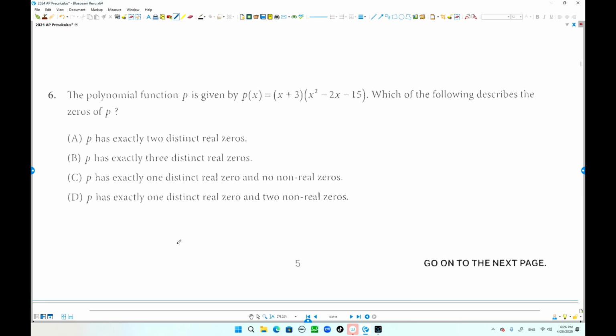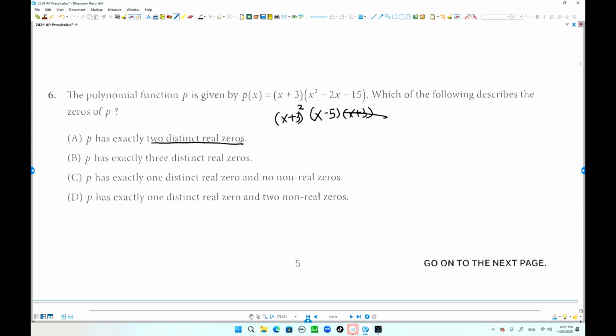Here we go, we have another factored form: x minus 5 and x plus 3. But x plus 3 is squared, so the multiplicity of x plus 3 is 2. On the graph it will touch the axis at this point and bounce.